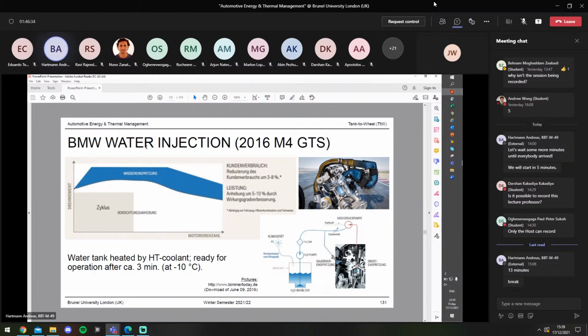Yeah, it depends on the amount of water, yeah, maybe. But what happens if you inject the right amount of water, the right quantity of water in the combustion chamber? It will decrease the temperature inside the chamber. Exactly, yeah, because the evaporation helps to reduce the temperature there.